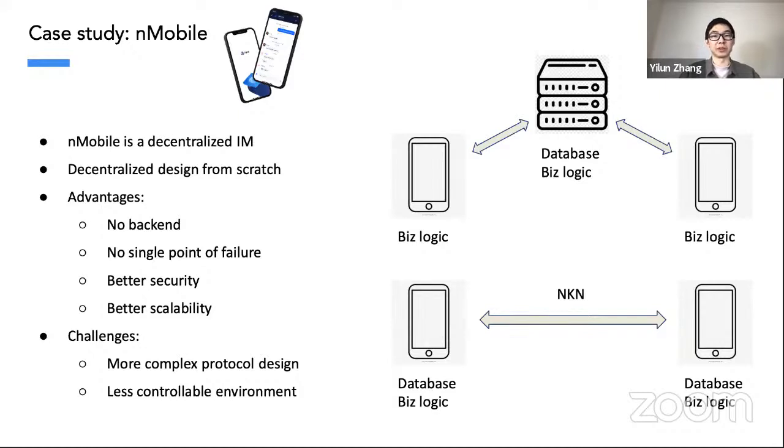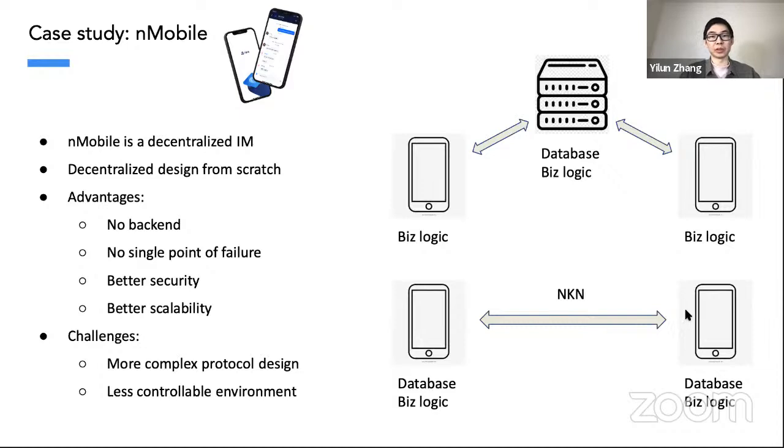Initially, we thought about adopting some popular instant messenger and making it decentralized, but we found it hard because in a decentralized architecture a lot of things are different from the start, and you have to do it in a completely different way.